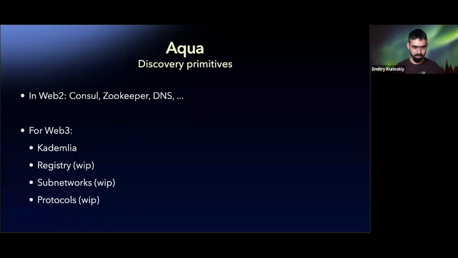But generally, Aqua and Fluence provide for Web3, first of all, Kademlia. Currently we are using the libp2p implementation of Kademlia, but we are going to switch to the Aqua and Marine implementation, the Fluence native implementation of Kademlia.